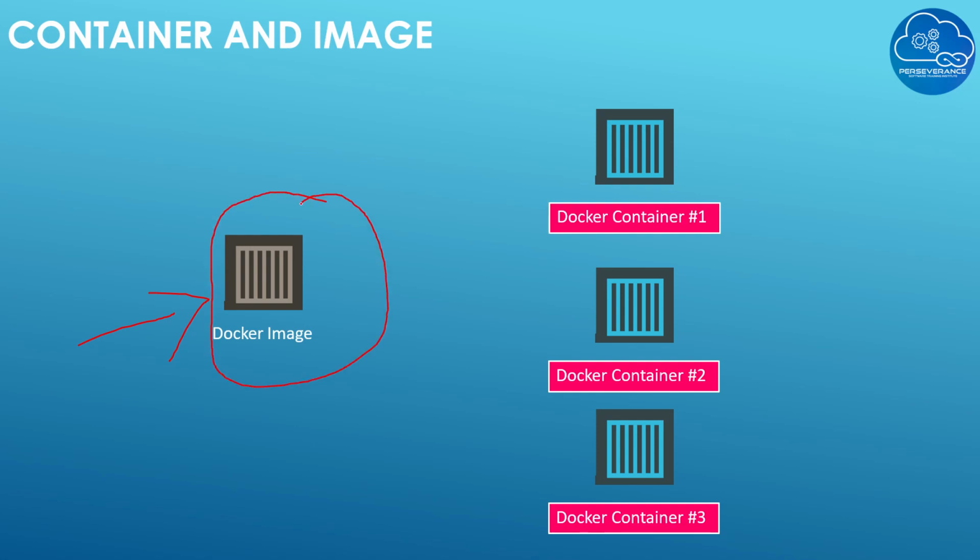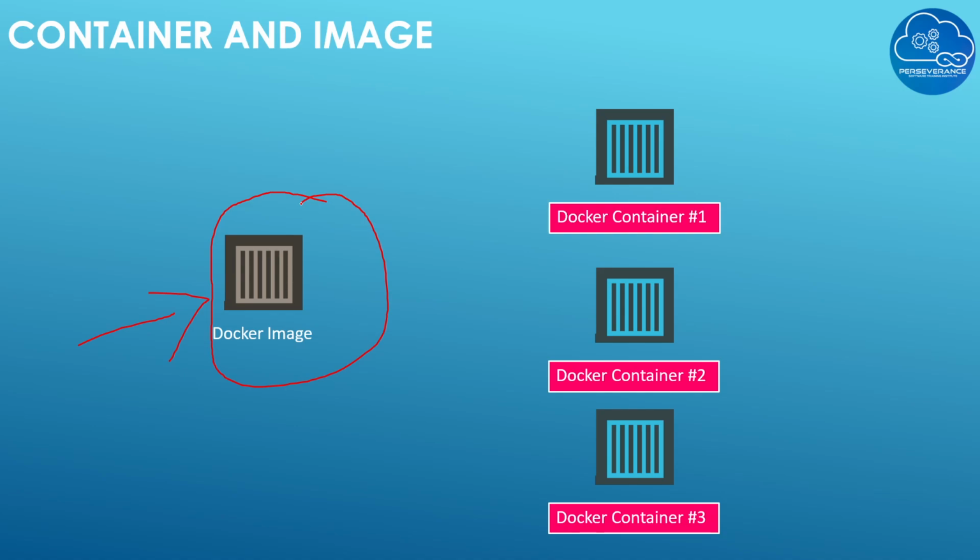We can simply understand that images are nothing but a template of a container, meaning what all is required to run a software inside a container, and also how the software should run.